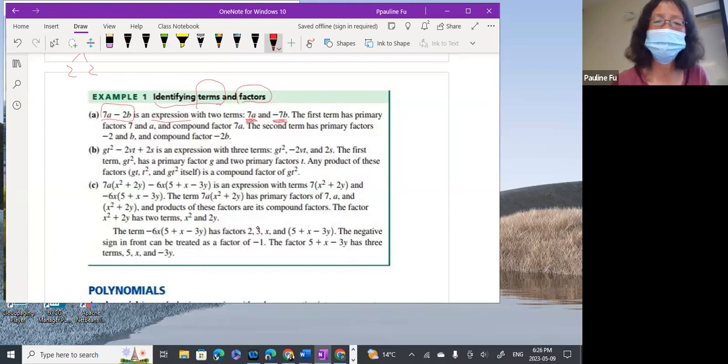The first term, 7a, has primary factors 7 and a. So 7 is a factor of 7a, and a is a factor of 7a. And the second term, negative 2b, also has 2 primary factors: one is negative 2, the other is b.